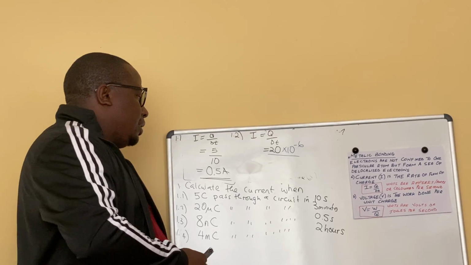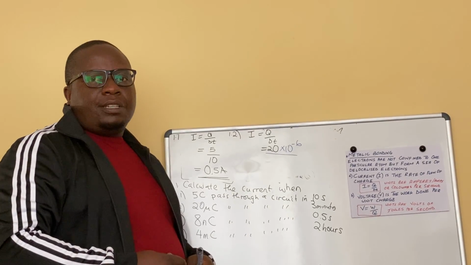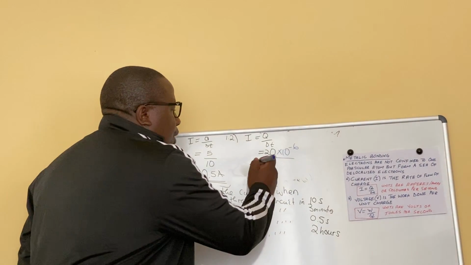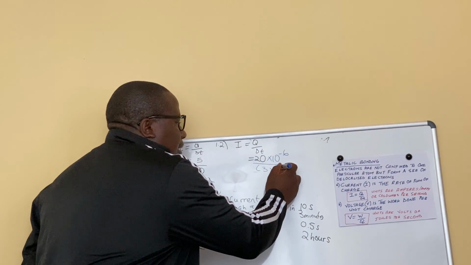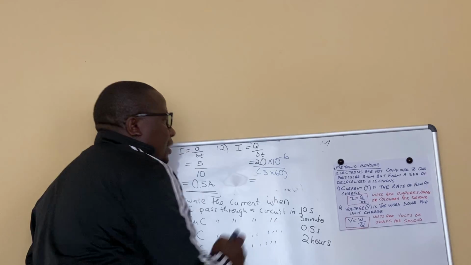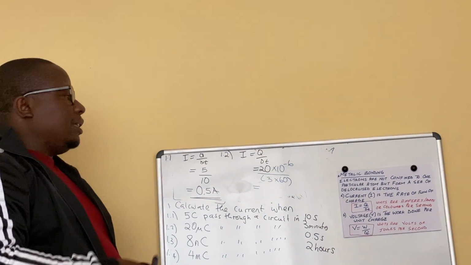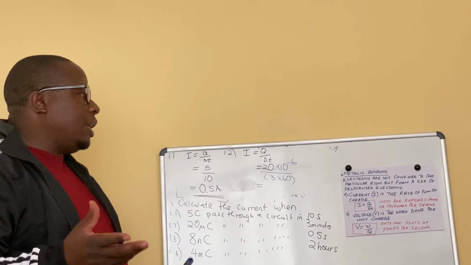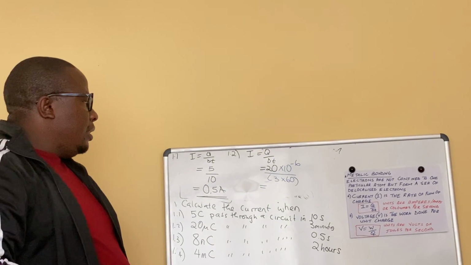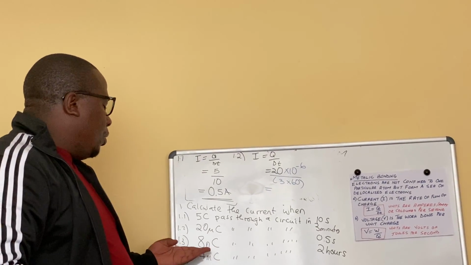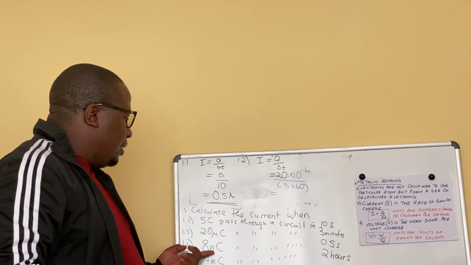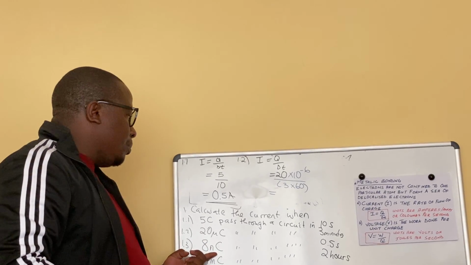So how do we do that? We know that each minute has 60 seconds. So if there are 3 minutes, it is going to be 3 multiplied by 60. Then we divide. You take a calculator and then you get your answer. I think you guys can do this. It's very simple. And then remember to write the units, amperes. When you go to 1.3, this is 8 nanocoulombs.